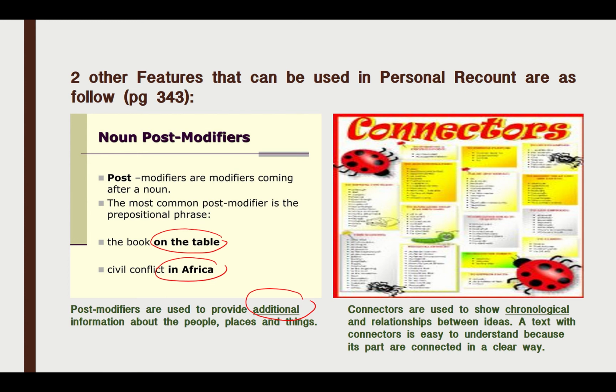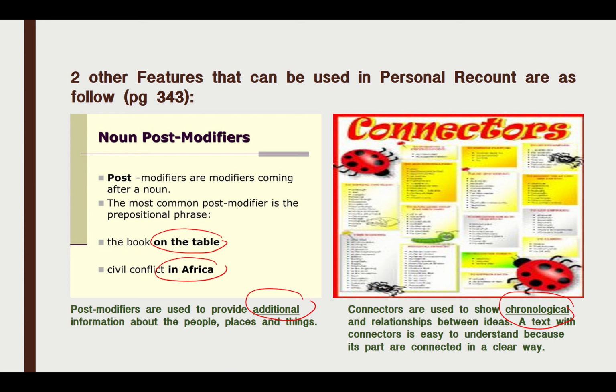Next, the next feature that we will be going through today is the connectors. Basically, connectors are used to show chronological order and relationships between ideas. A text with connectors is easy to understand because its parts are connected in a clear manner. For the purpose of this lesson, I would like to discuss in depth one of the features, which is connectors of sequence.